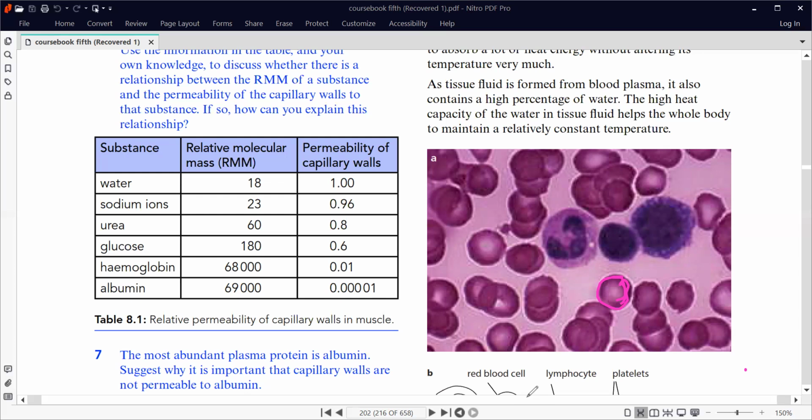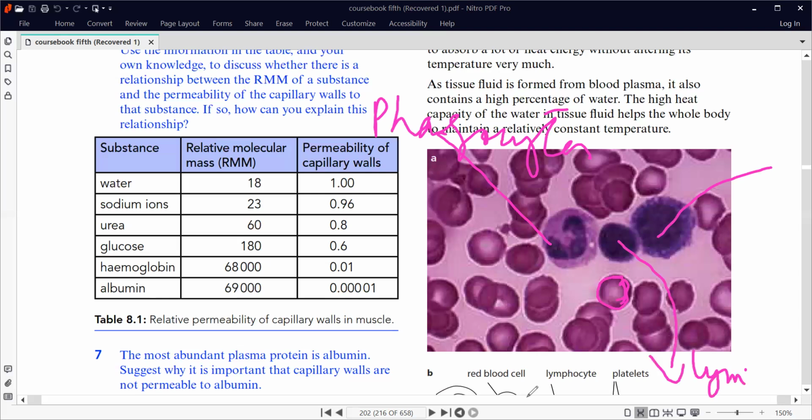These cells are basically of two types. Either they are phagocytes, which eat and engulf the germs, such as neutrophil and macrophage, or they may be lymphocytes.